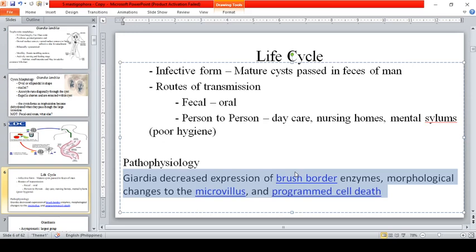Giardiasis can cause weight loss. Okay? So, magiging payat yung individual. And failure to absorb fat, lactose, vitamin A, vitamin B12. Okay? Because of the malabsorption. So, pwedeng hindi nila ma-absorb ng maigi yung nutrients from the food that they are eating.